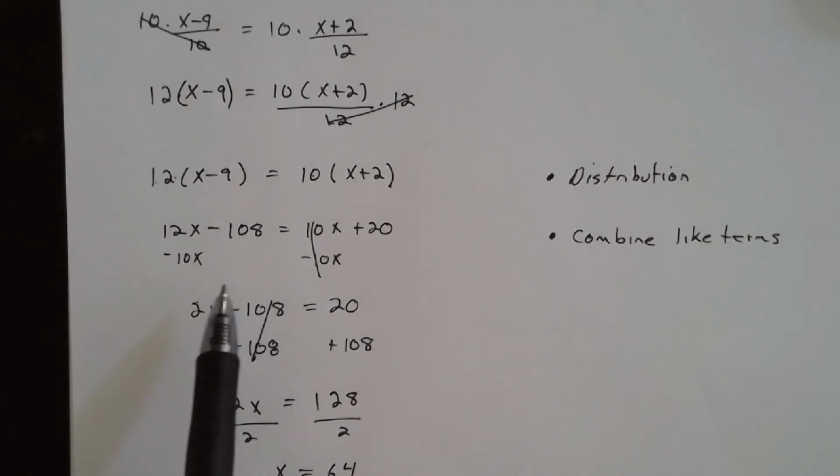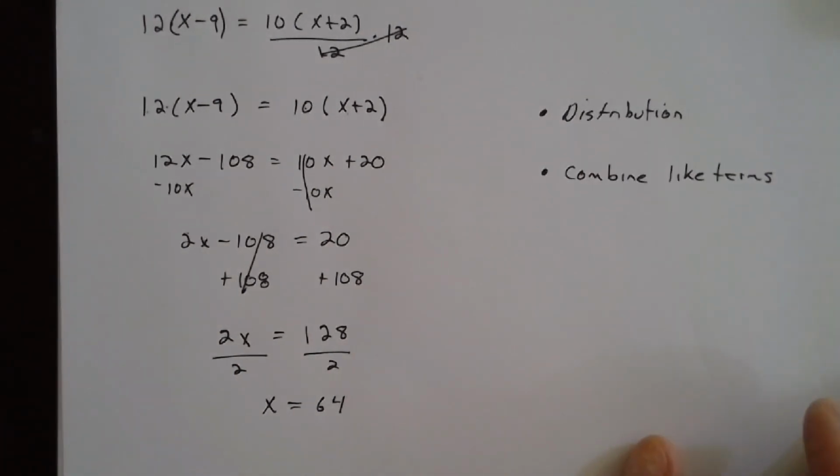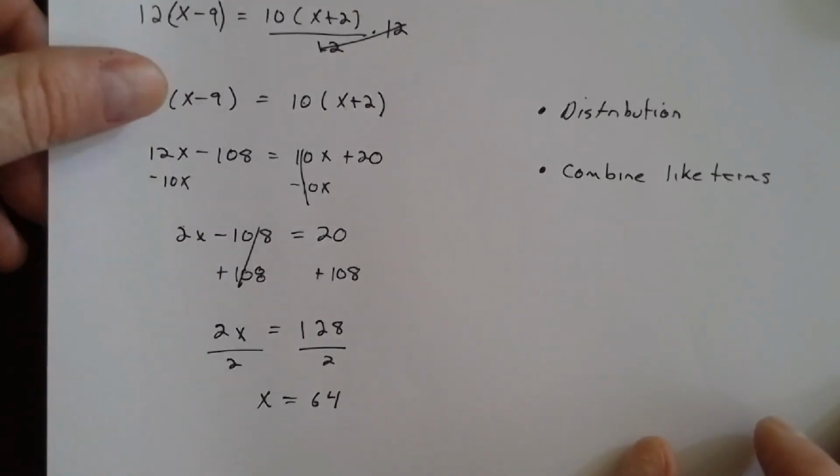So always look for ways as you work through these to condense the number of steps you're doing. And of course, that'll become more apparent to you the more you practice. So x is equal to 64 is the solution.